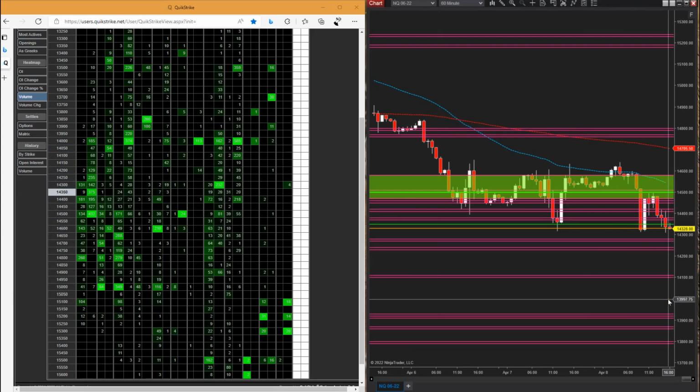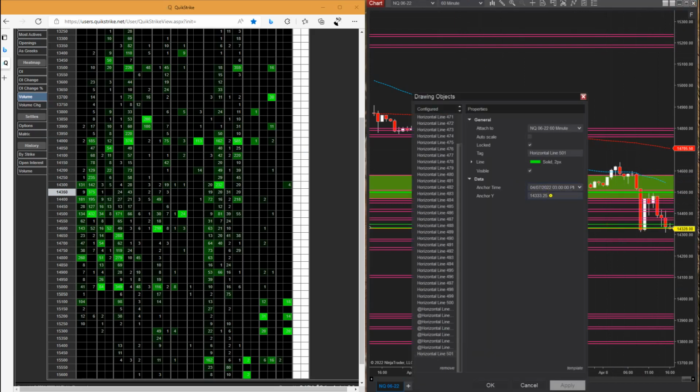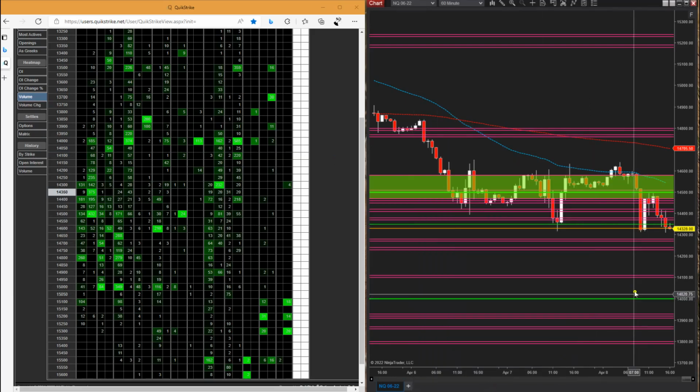I think I'll put another green line there. Make it a little thicker. That'll probably give us a bounce.